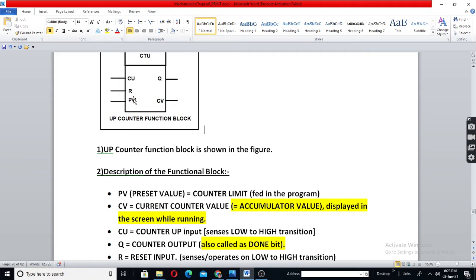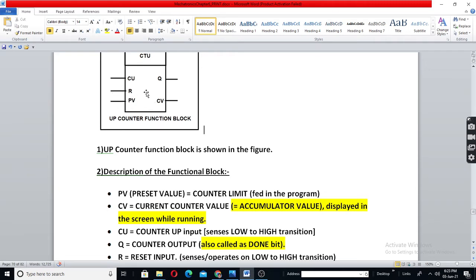In a timer we have preset time and elapsed time, but here we have preset value and current value or counter value. So if we give a reset pulse, this will become 0. This also will become 0 in the case of an up counter.